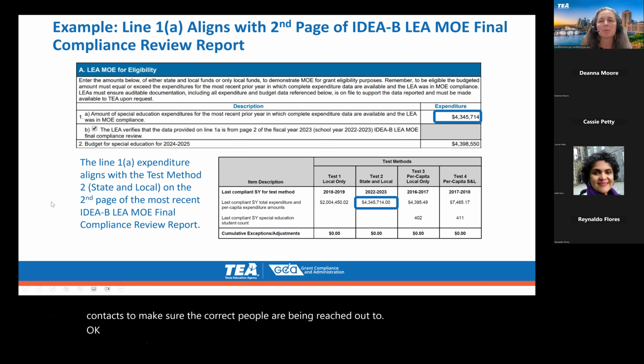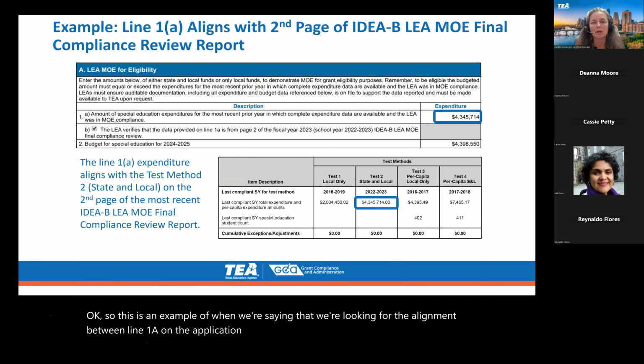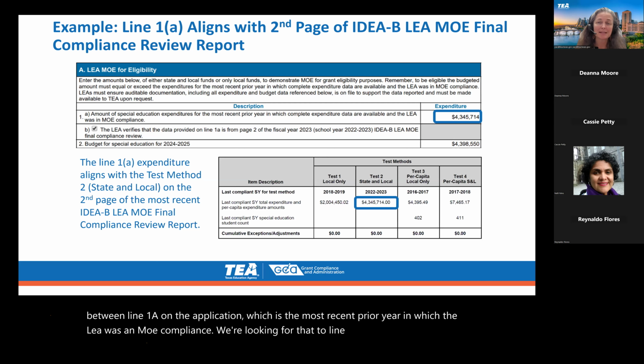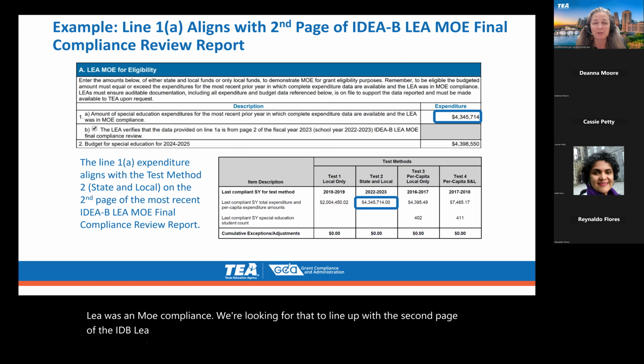Okay, so this is an example of when we're saying that we're looking for the alignment between line 1A on the application, which is the most recent prior year in which the LEA was in MOE compliance, and the second page of the most recent IDB LEA MOE Final Compliance Review Report.